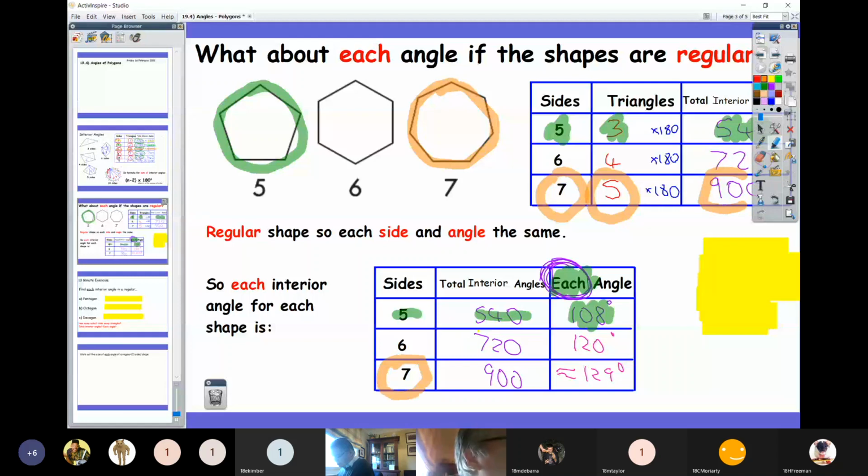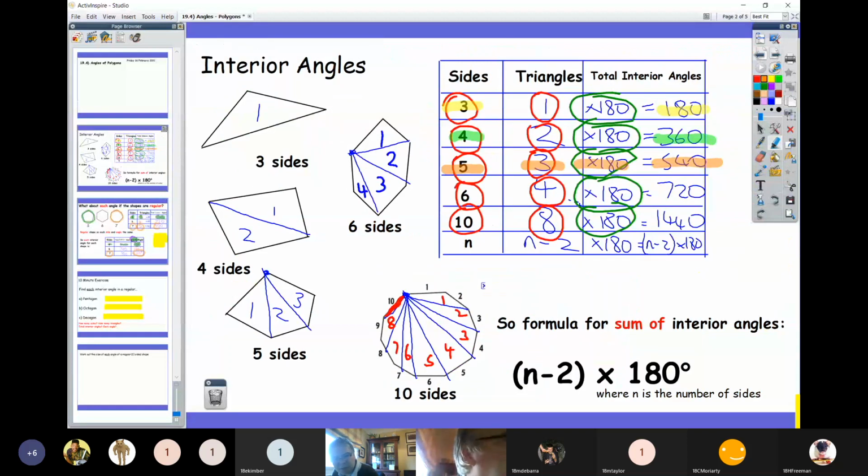So as long as the shape is a regular shape, you can just divide by the number of sides to work out what each angle was. Obviously, if it was not a regular shape, then you can't do that. You can't do this step on this slide. For some of the questions you'll be looking at, it's going to be just doing what's on the previous slide. You're just going to be working out what the total angles are.